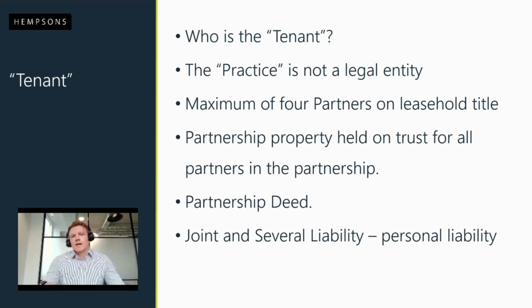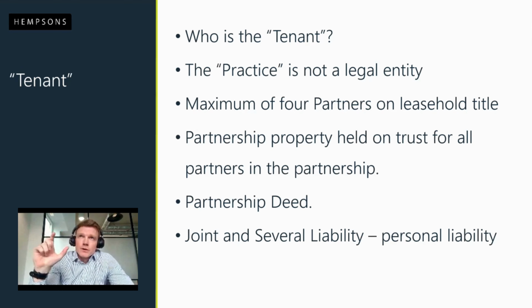Because in a GP context, the practice as such doesn't constitute a legal entity. It's a partnership, so it doesn't have a capacity to enter into binding legal obligations. So who is it? Well, it's the individual partners who have the ability to actually enter into contracts and therefore enter into a lease.